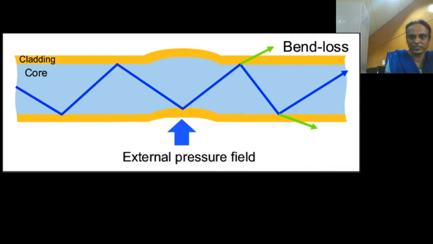This is also one of the losses, where there will be a small micro crack, very, very tiny, invisible to the eyes, and the light rays will escape. Then what I have to do is reduce the external pressure.